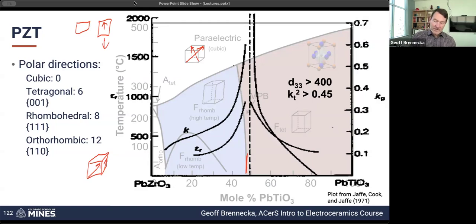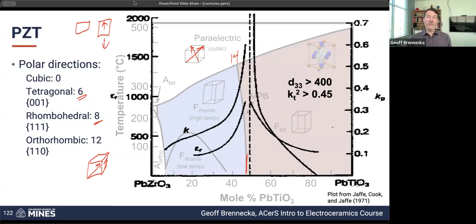Now, suddenly you have 6 plus 8. So at the boundary, you've got 14 different possible polar directions. And that's just locally, you might be able to shift the symmetry of the material a little bit, and take advantage of the higher performance along that direction. So that's the symmetry related reason for enhancement at those morphotropic phase boundaries.